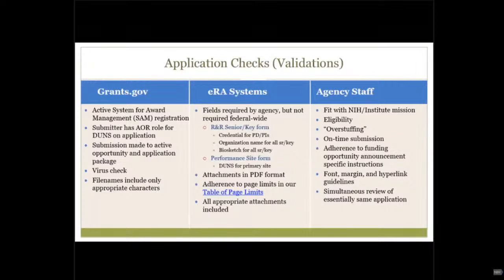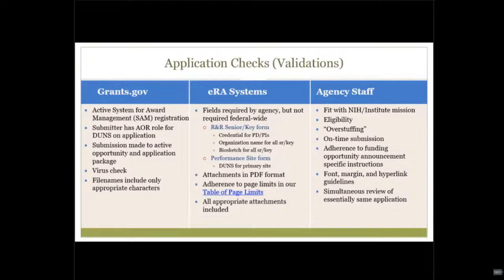The application will also go through a round of manual evaluation after submission through the system. This stage will be basically for requirements that NIH has, both at an institute as well as the IC and program level, that are not as easily validated at a system level.